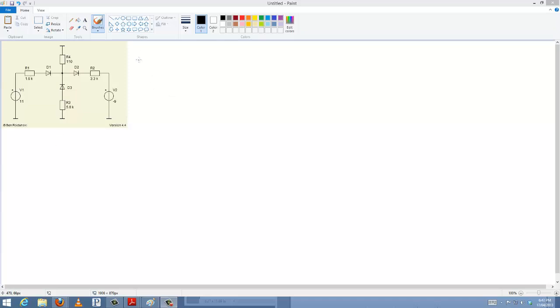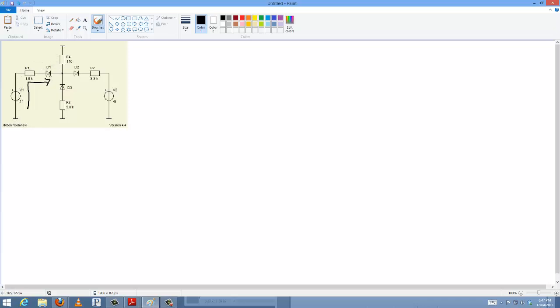So, first step is to figure out whether D1 and D2 are on or off. The easiest way to do that is to look at the polarity of V1 and V2. V1 is positive, so the current is flowing this way, going from ground through V1, R1, D1, R4.